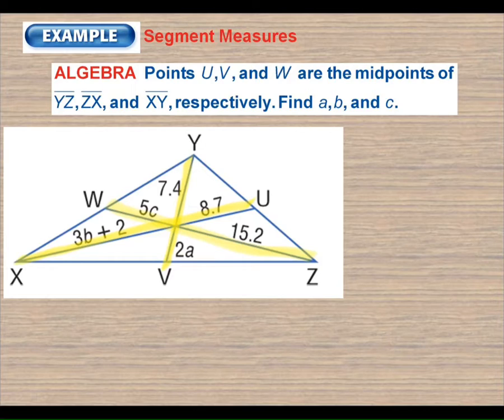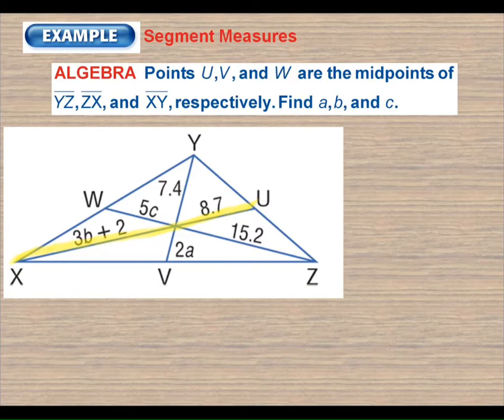So we need to find A, B, and C here. Let's take it one step at a time. Let's look at this one here. The theorem we have, the centroid theorem, says if you go from the vertex to the centroid, that's 2/3 of the entire median.